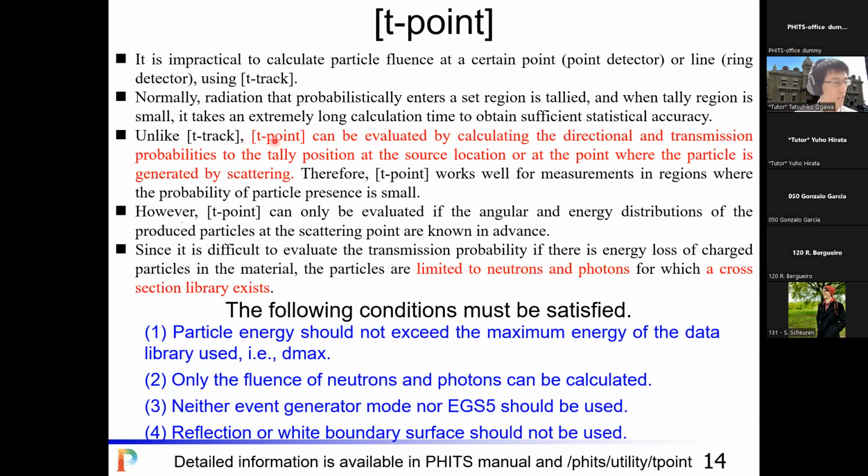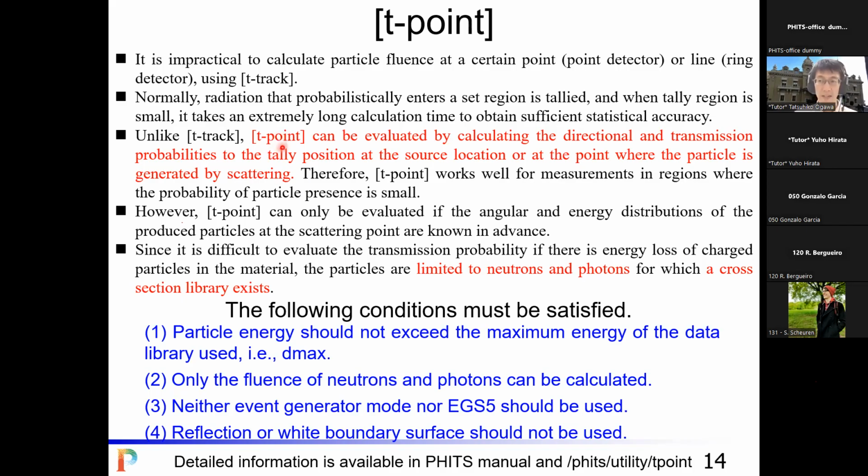Unlike ttrack, T-point can be evaluated by calculating the directional and transmission probabilities to the tally position at the source location or at the point where the particle is generated by scattering. This means that every time a particle is either created or scattered, a T-point can get tally contributions.